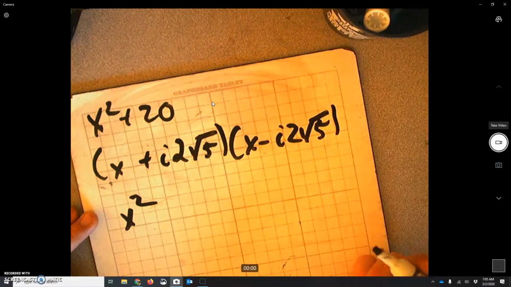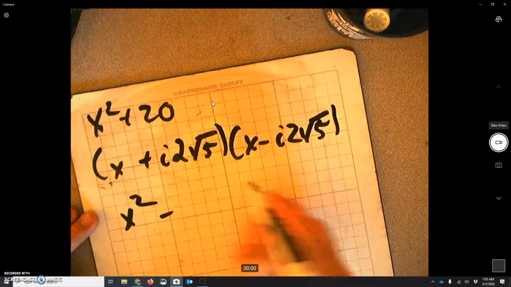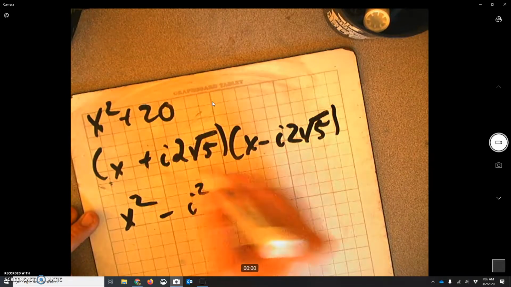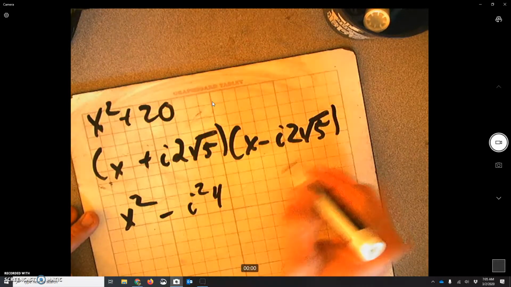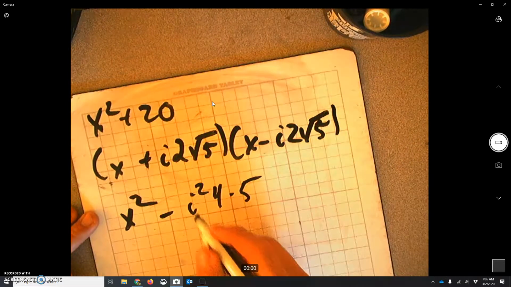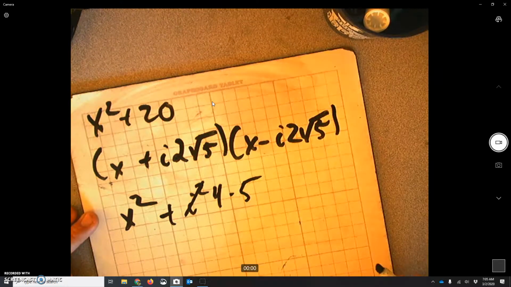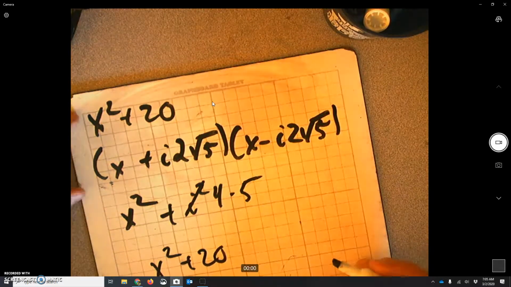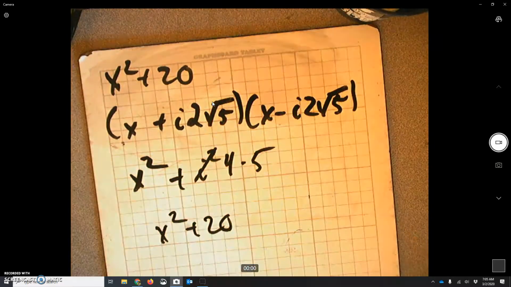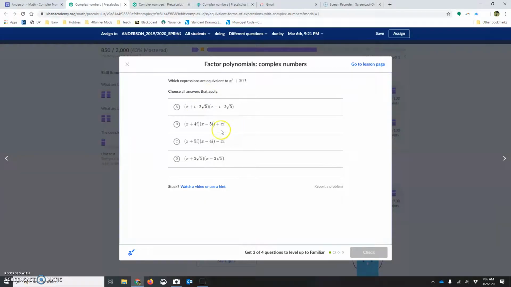The middle terms will cancel out, and we're just going to have a negative. We get i squared. 2 times 2 is 4. Square root of 5 times square root of 5 is 5. i squared turns negative, which means it's going to turn positive, and then 4 times 5 is 20. And that's what we're trying to get up here. Okay. So A is an option.